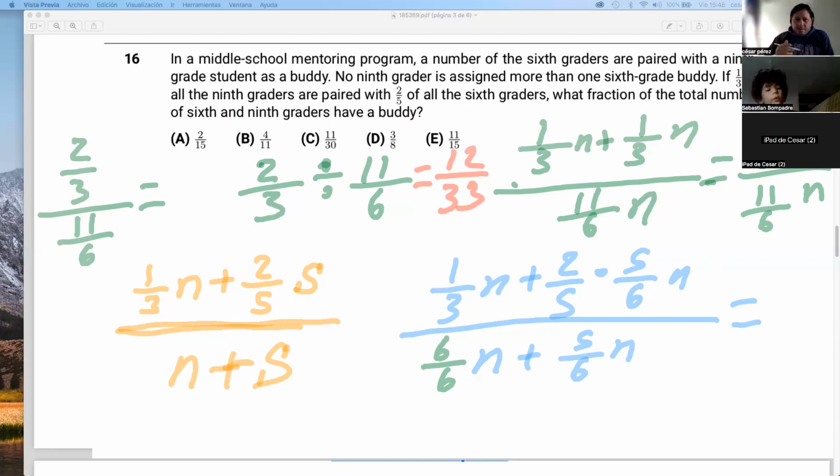Okay. Or over 11. Okay. We will get here 4 over 11 when we simplify this one. Okay. Yes. There is a way of solving this faster.